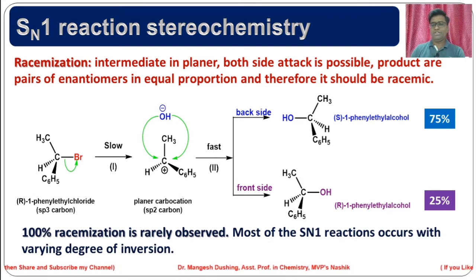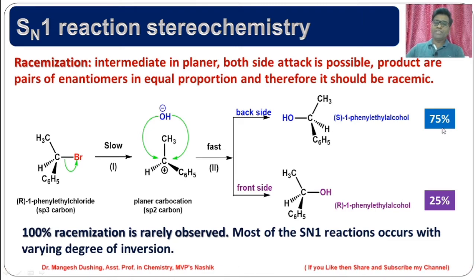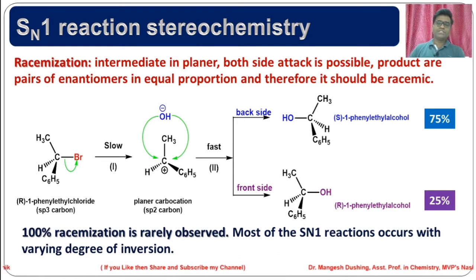So 25% of the R product is forming a racemization of 25% of the S product. So 50% racemic mixture will be there and 50% S product will be there. So this depends on the reaction.